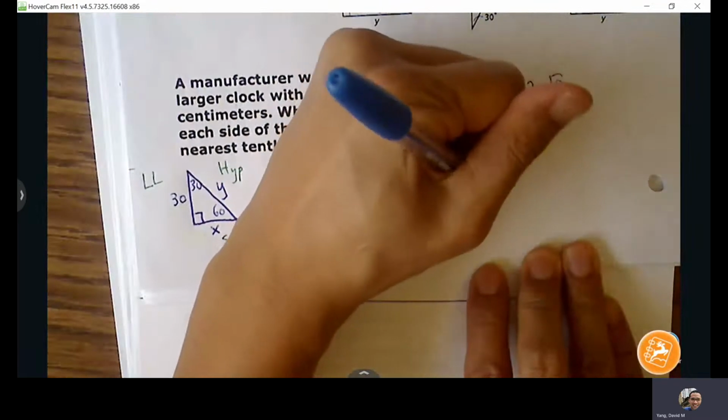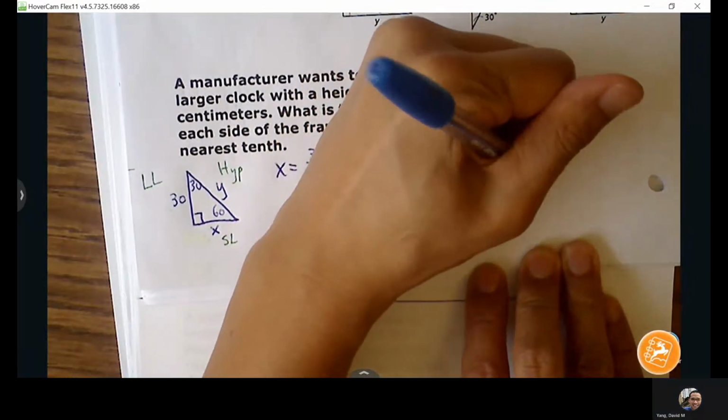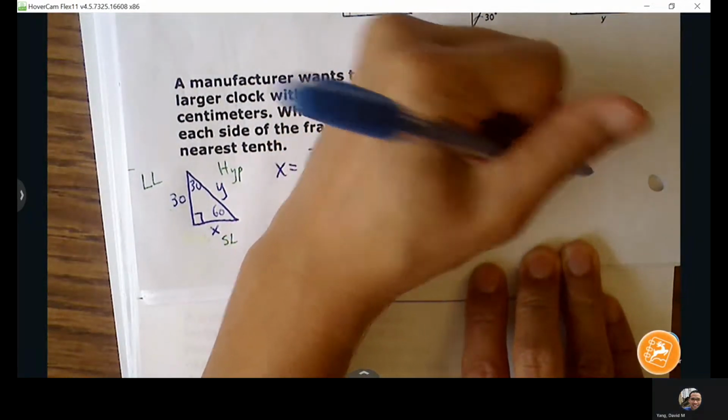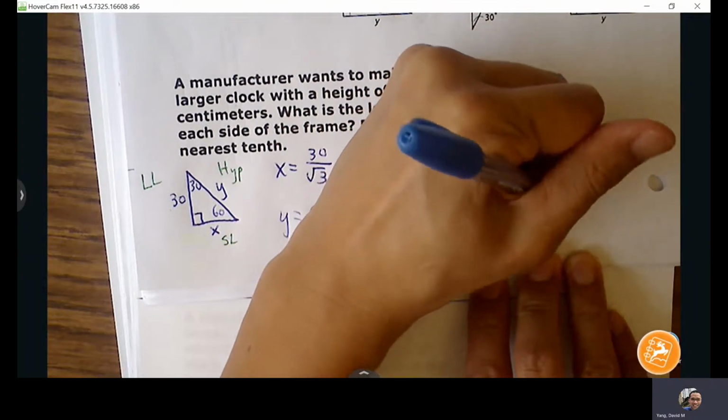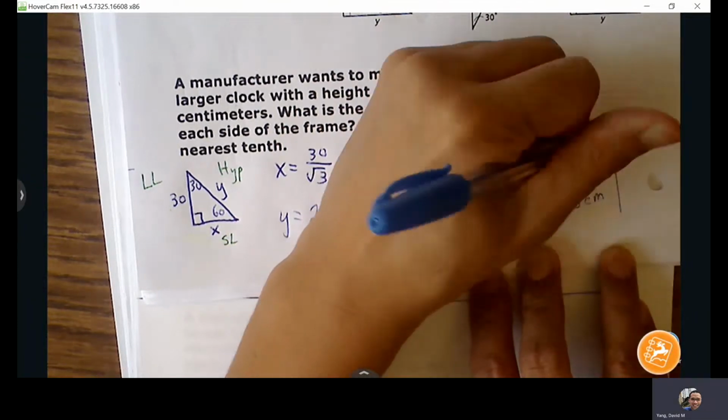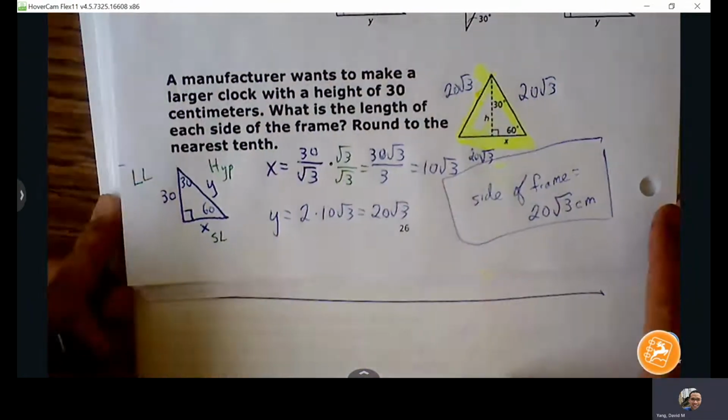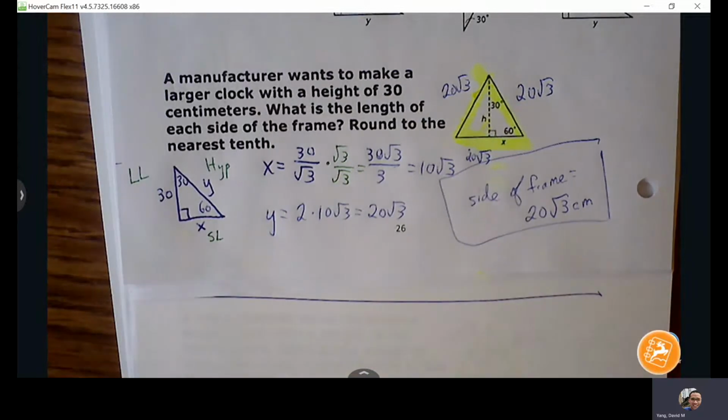So the side of the frame is 20 root 3 centimeters. Yes, question. Oh, right. Yeah. So this is an exact value.